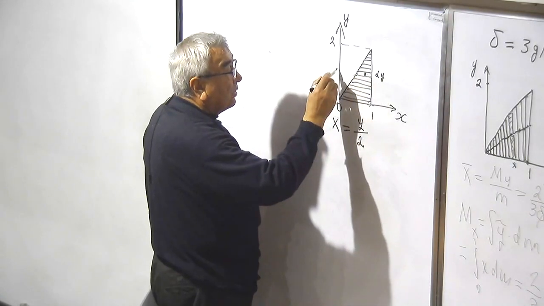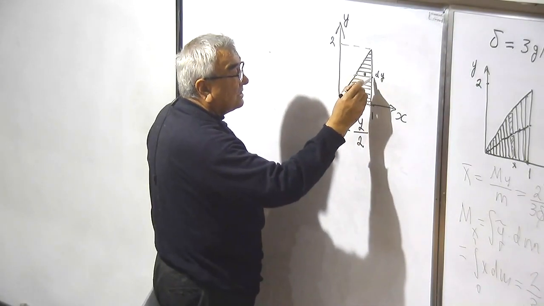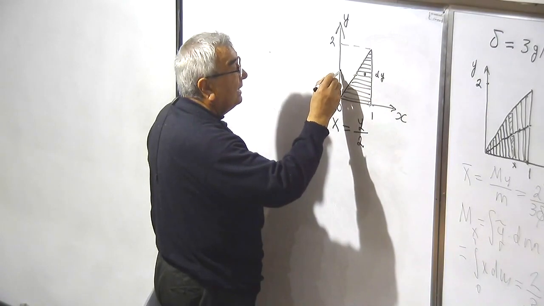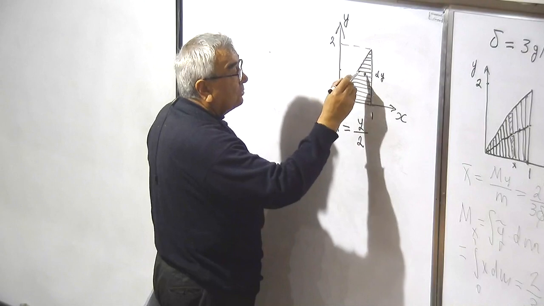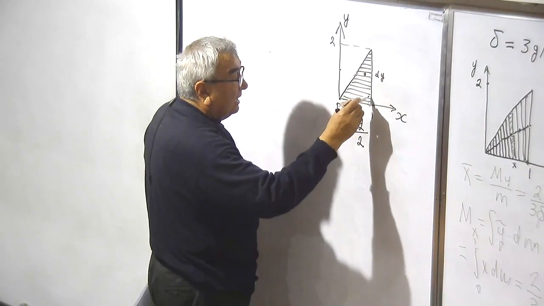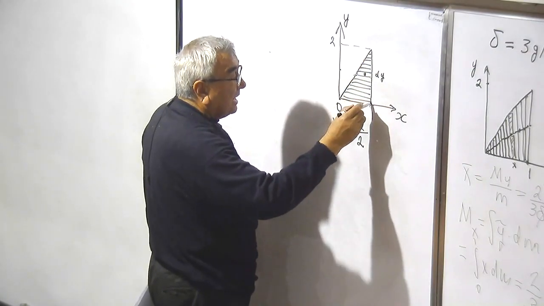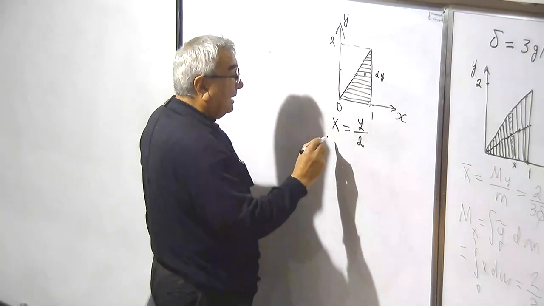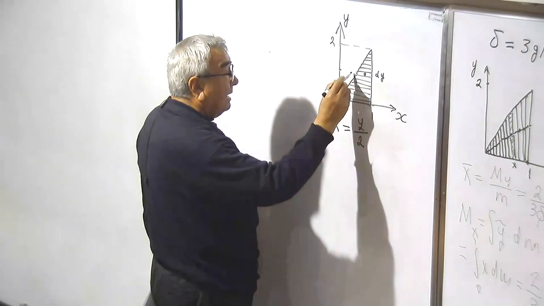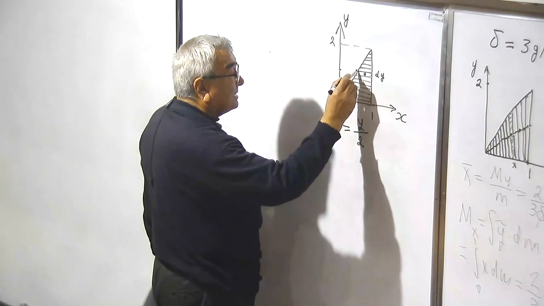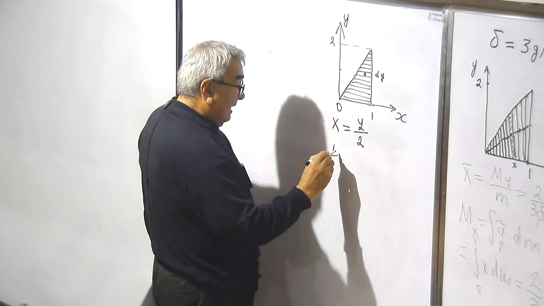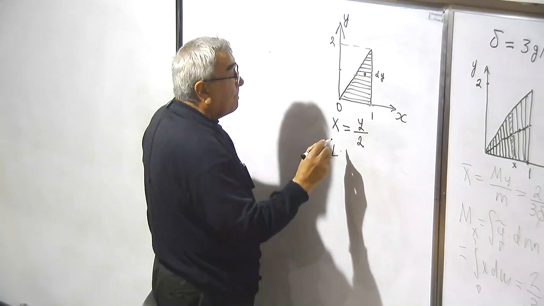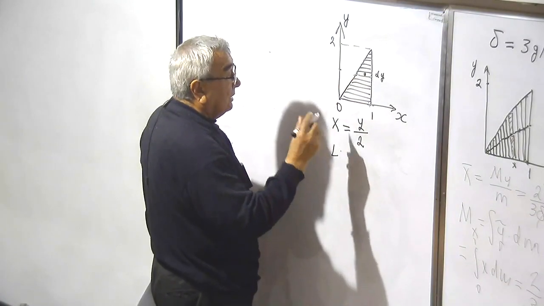If from the y-axis to these vertical sides the total distance is 1, if I decide that this length is equal to L, then I do the following.